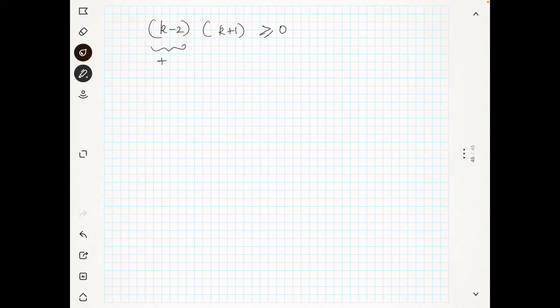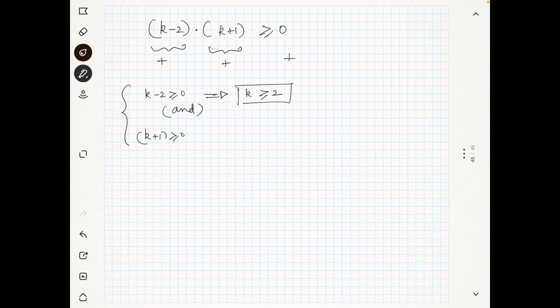If you consider this as positive and this as positive, then k minus 2 is greater than or equal to 0, that means k is greater than or equal to 2. This is the first part. Because these are satisfied simultaneously, k plus 1 should be greater than 0. So this is our condition, k plus 1 greater than 0.